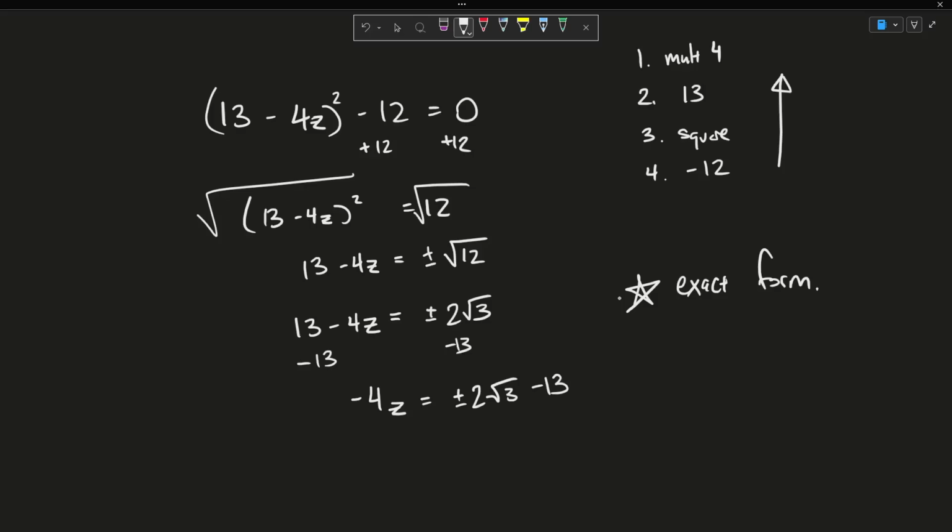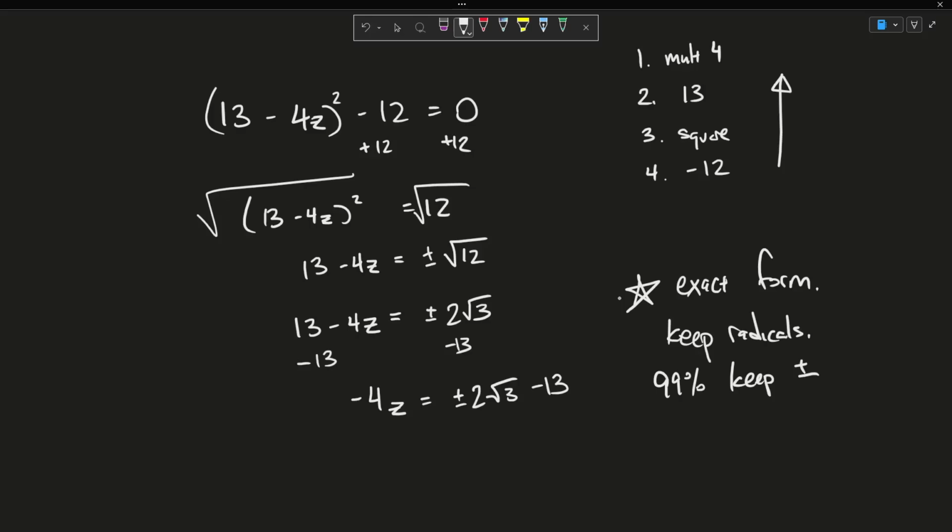We can leave the plus or minus here, because I'm not doing any math to this. For exact form, keep radicals, and 99% of the time, you can't do anything to it, so you keep the plus minus. So we keep it right here.